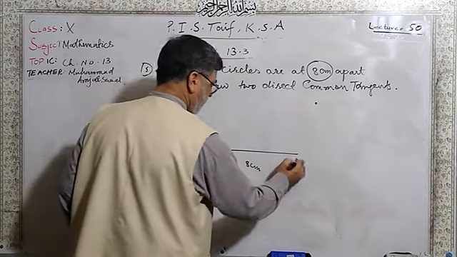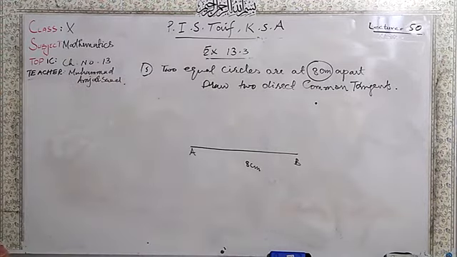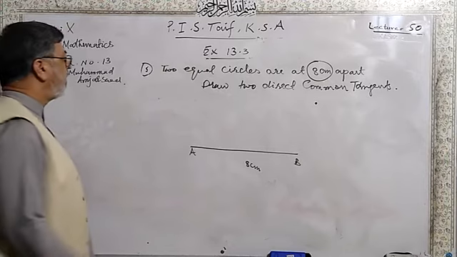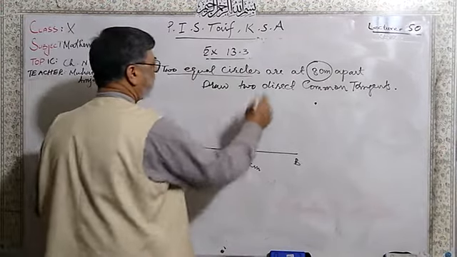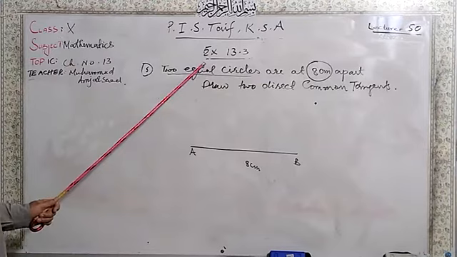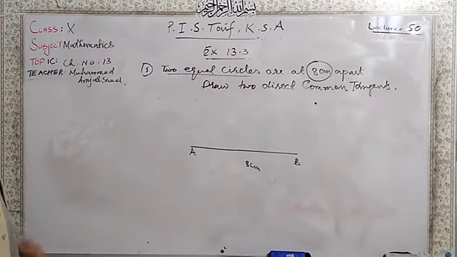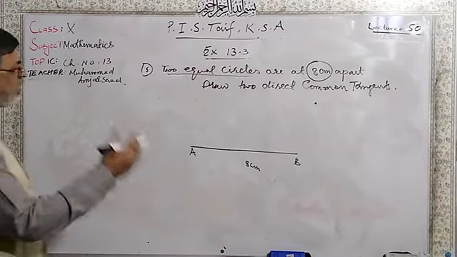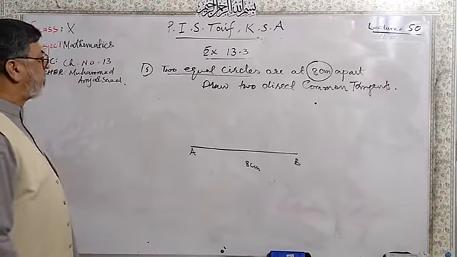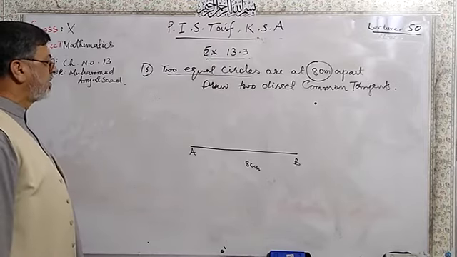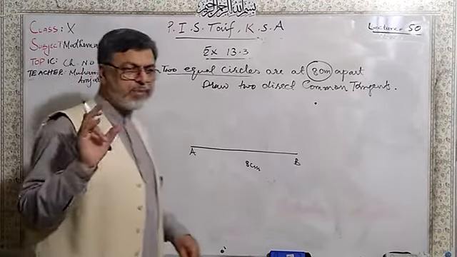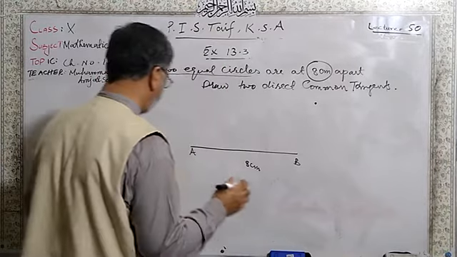This is AB. Now you can have two equal circles. Radius is not given. So you can take 2 centimeter radius for each circle, but they must be equal circles. So open up the compass equal to 2 centimeter.